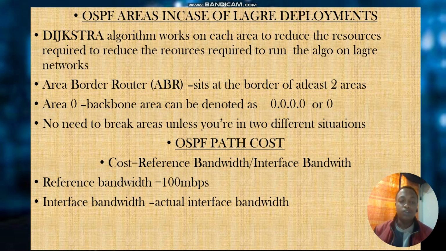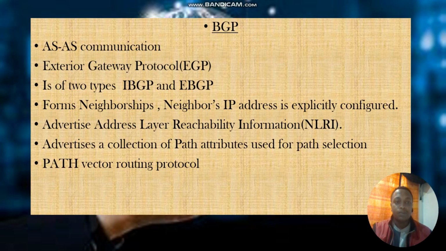So you're going to divide 100 by 100, and you're going to get the cost of that path being 1. If you have an interface bandwidth of 1 gigabit, that is 1000 Mbps, then you're going to take 100 Mbps, divide by 1000, and you're going to get the OSPF path cost of 0.1. So that is how OSPF works.